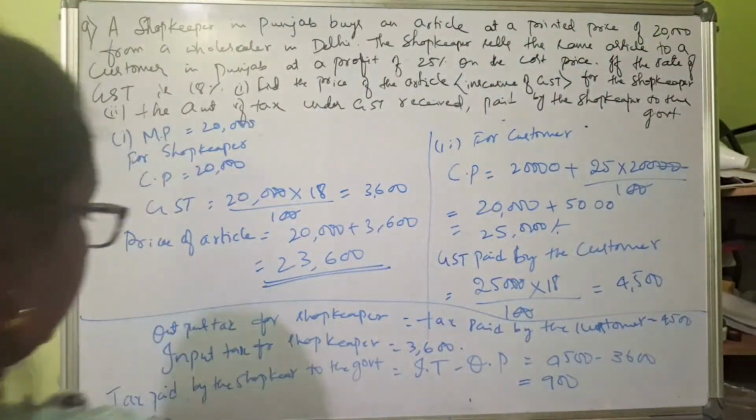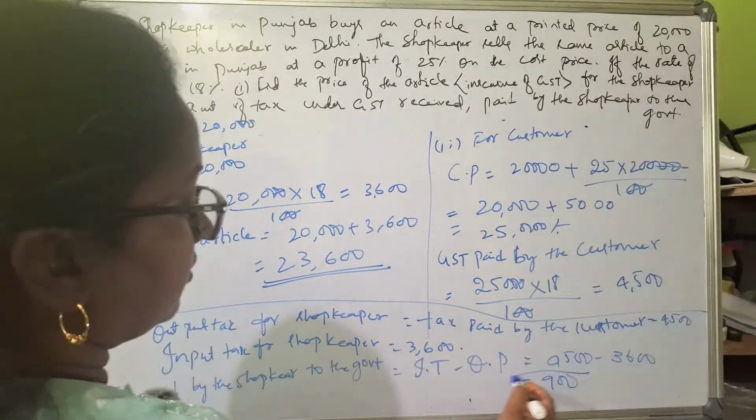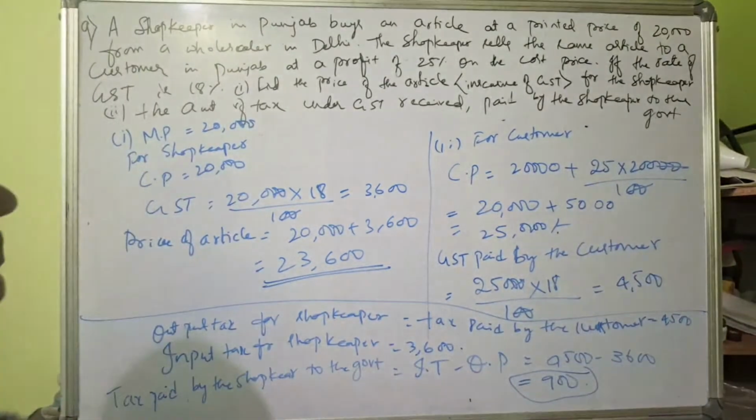So 900 is the tax paid by the shopkeeper to the government.